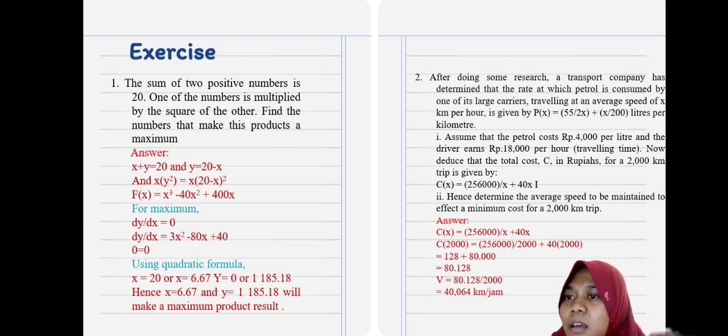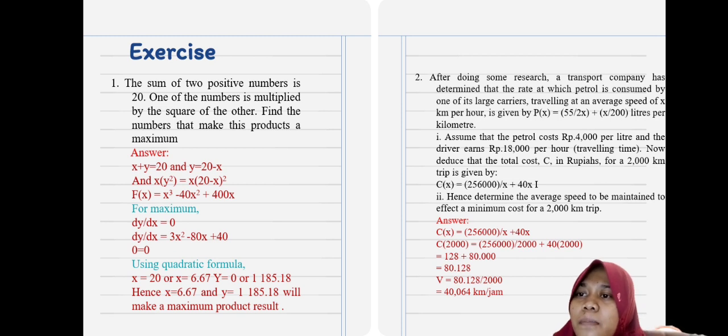Hence x equals 6 and 2/3 and y equals 13 and 1/3 will make a maximum product result.